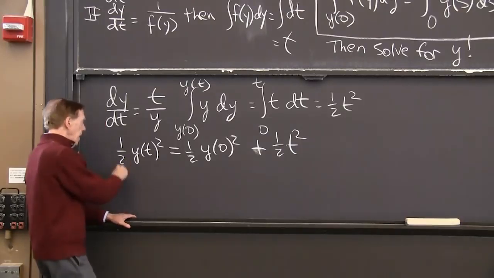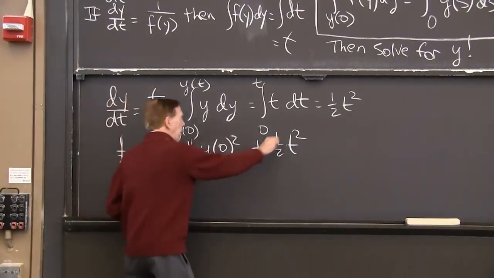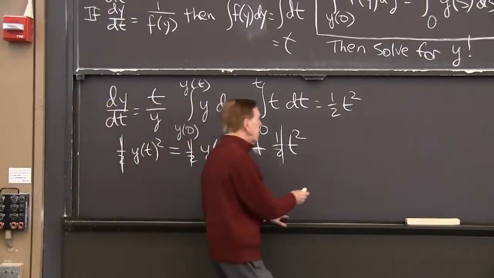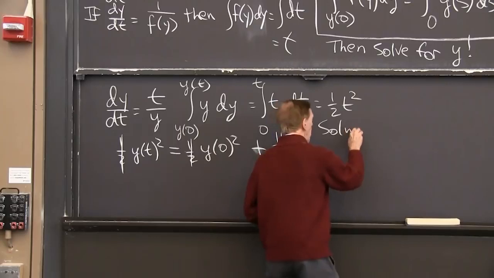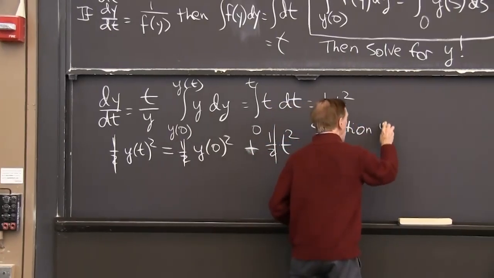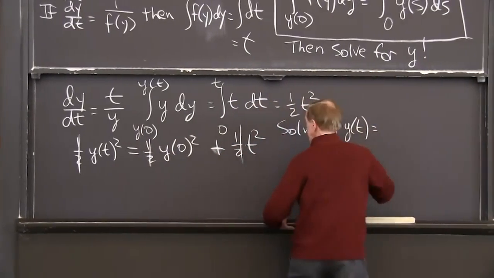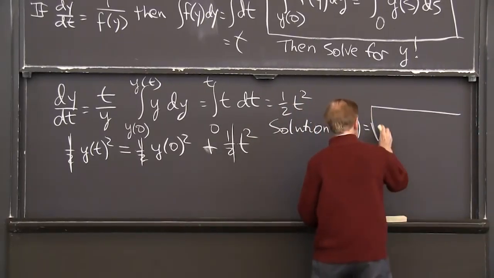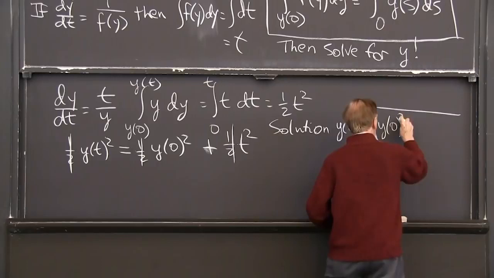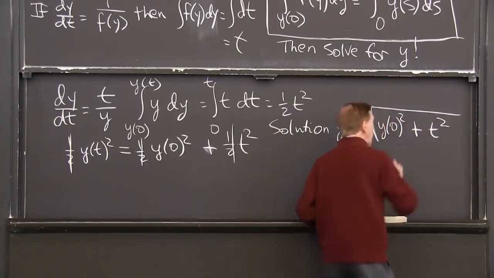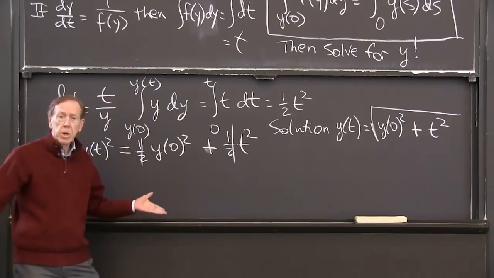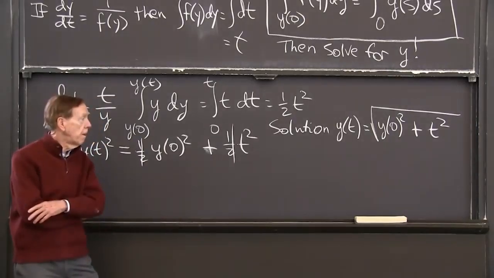And then I'll cancel the half. And then I'll take the square root. So the solution, y of t, is the square root of y of 0 squared plus t squared. That's the solution to the differential equation.